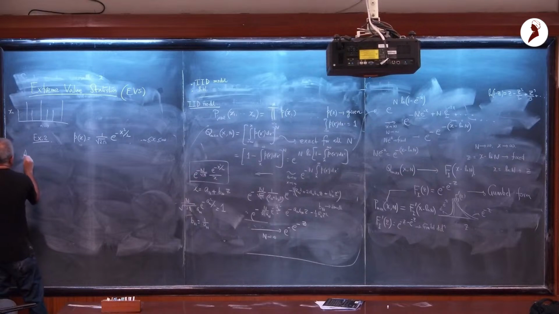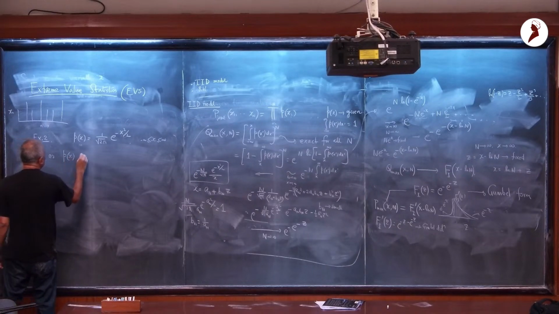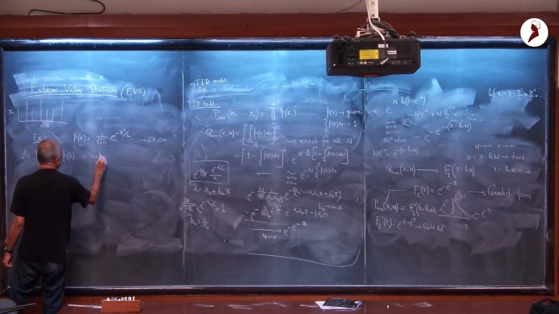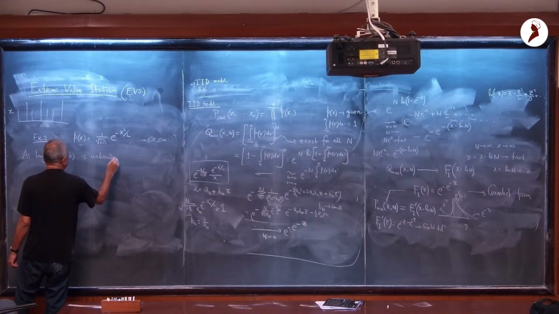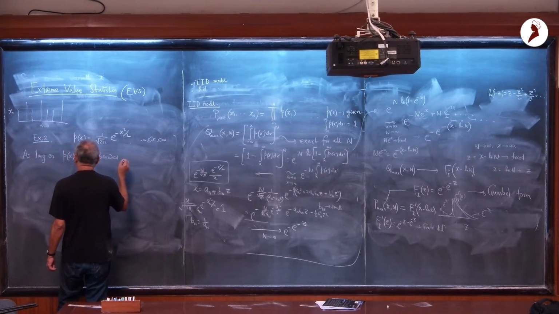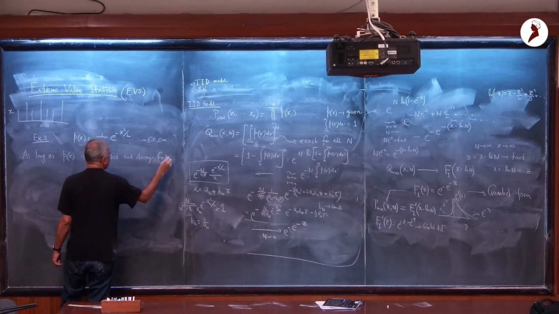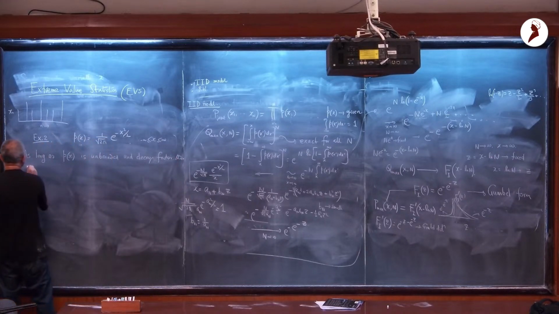so as long as P of x is unbounded, meaning it goes all the way up to infinity, it has support over the whole space, and it decays faster than any power law.